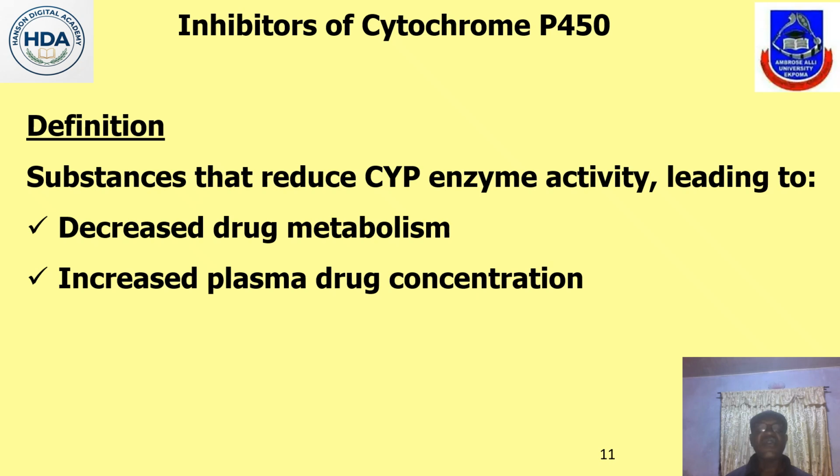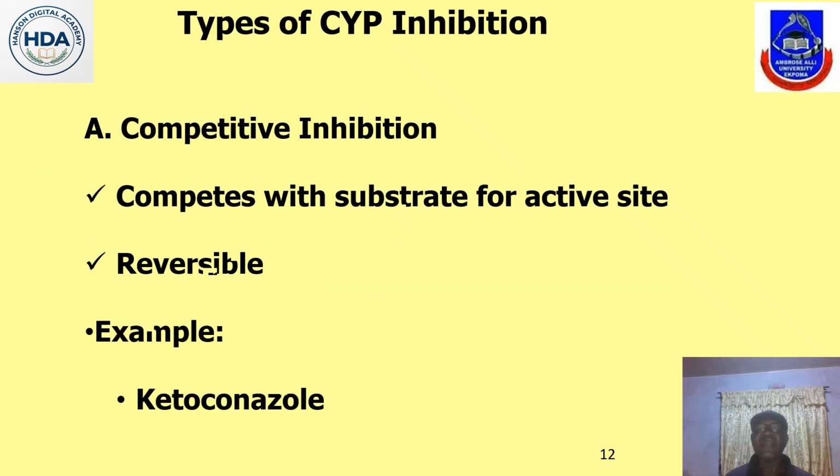We now go straight to look at inhibitors of cytochrome P450. As defined earlier, these inhibitors are substances that can reduce the cytochrome P450 enzyme activity, leading to decreased drug metabolism or increased plasma drug concentrations, which are in fact undesirable to the system.